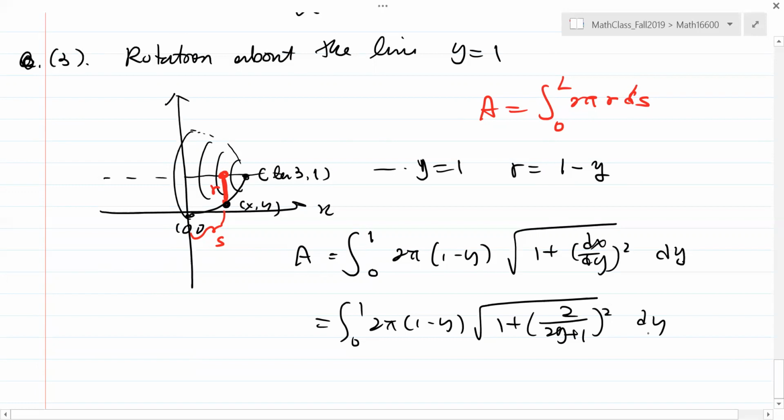Without understanding the formula in the book, you are not able to get the right integral. So the original formula is just 2 pi r ds. And you can also use the x variable for this problem.